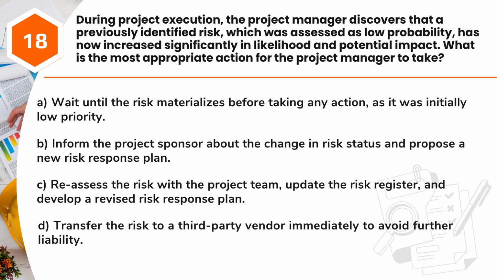B. Inform the project sponsor about the change in risk status and propose a new risk response plan. C. Reassess the risk with the project team, update the risk register, and develop a revised risk response plan. D. Transfer the risk to a third-party vendor immediately to avoid further liability.